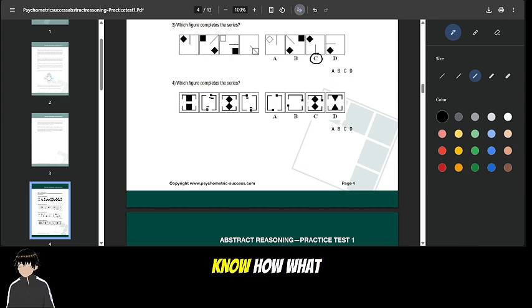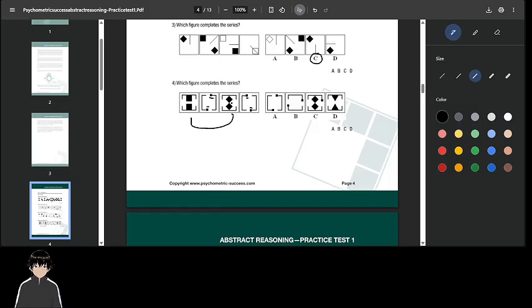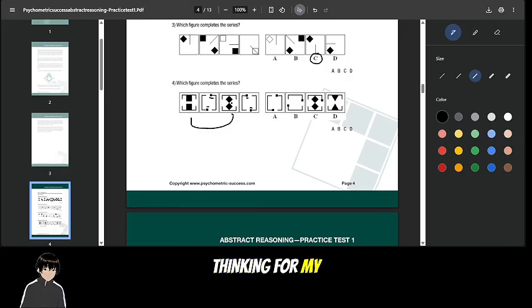But I don't know what's the reason behind this too. First of all, there's a box, and then it became like diagonal. There's boxes, and it became diamonds. So I'm just thinking for my options here.